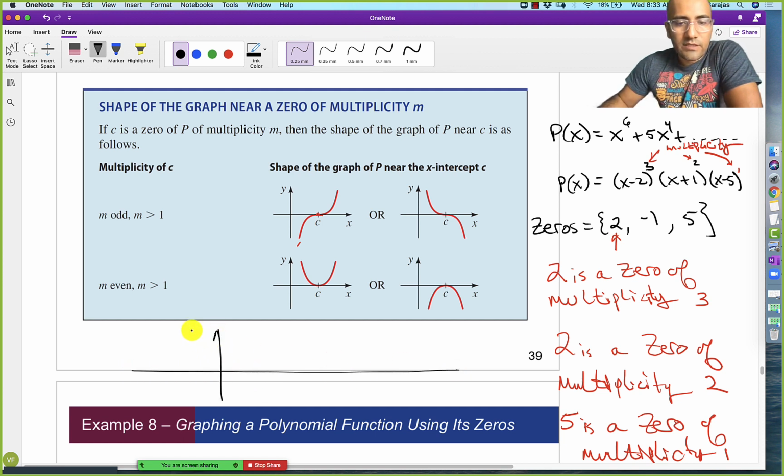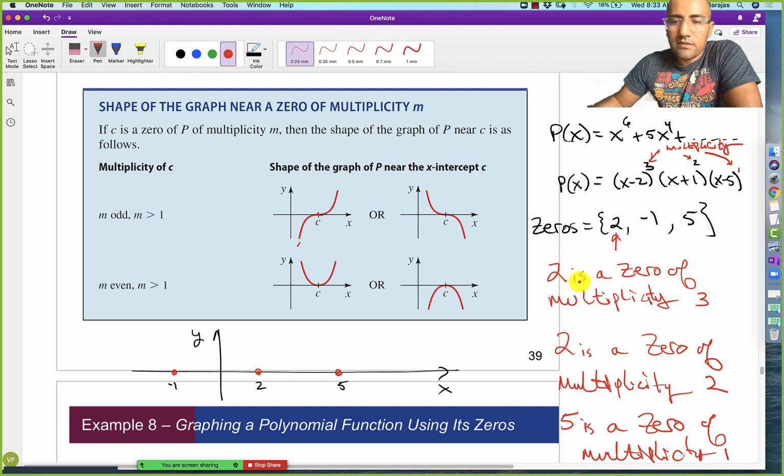When I do a rough sketch of this graph, I know for a fact that the point (2, 0) is going to be on my graph, and also the points at -1 and 5. So here's -1, here's 2, here's 5. Because these are the zeros, I definitely know that these 3 are the places where my graph crosses the x-axis.